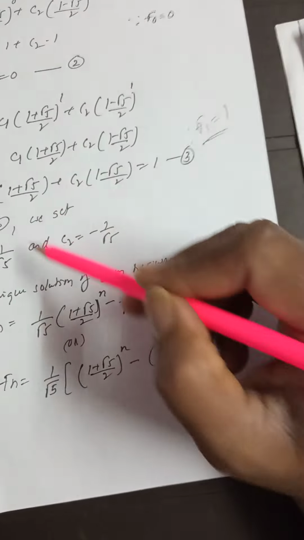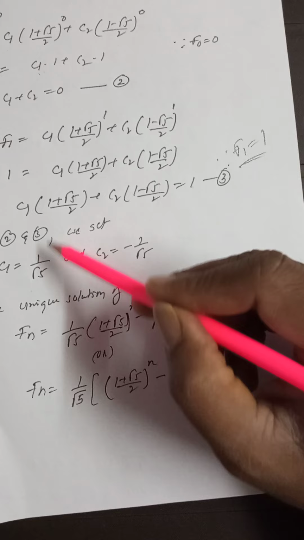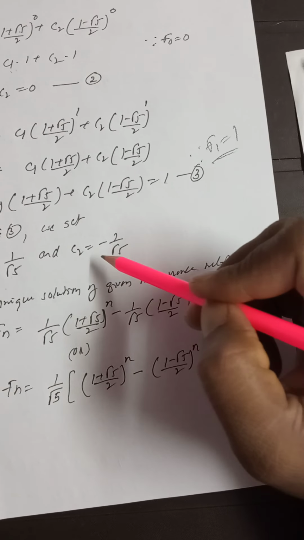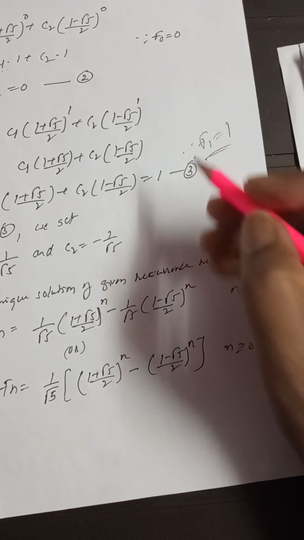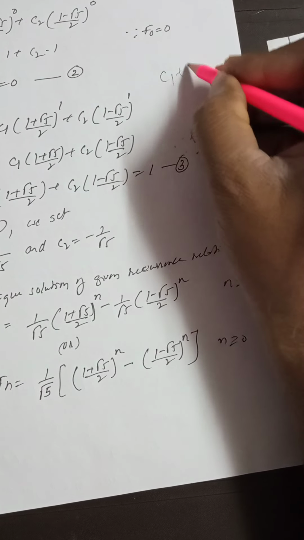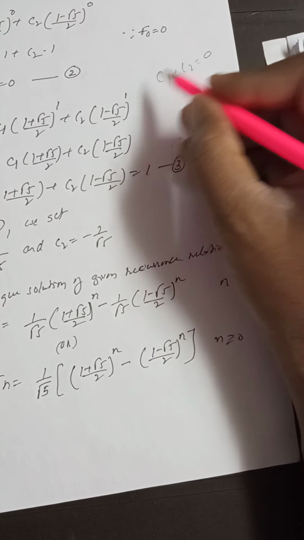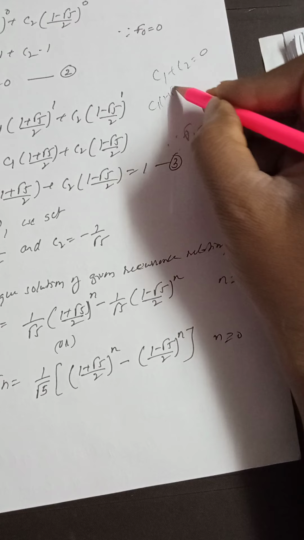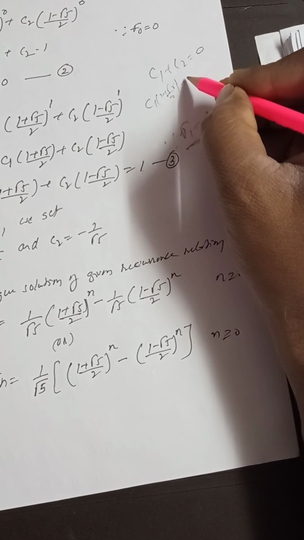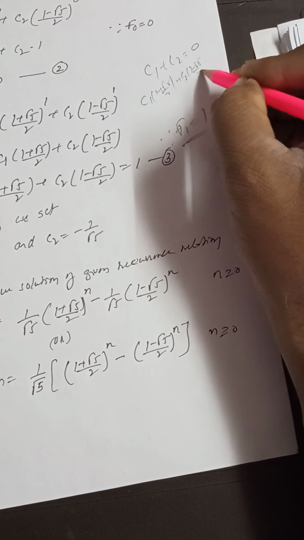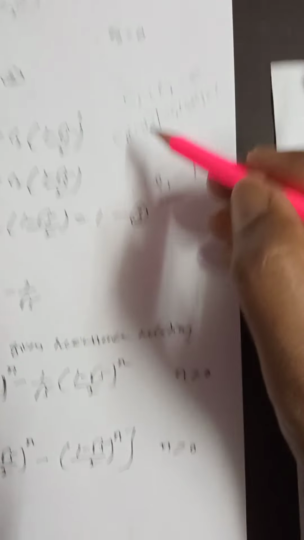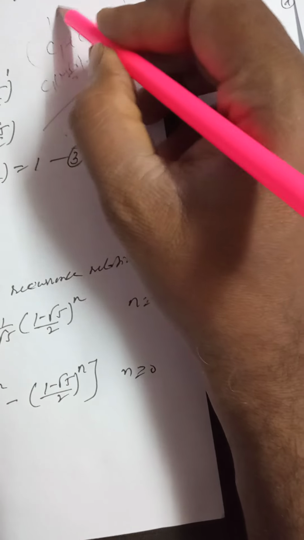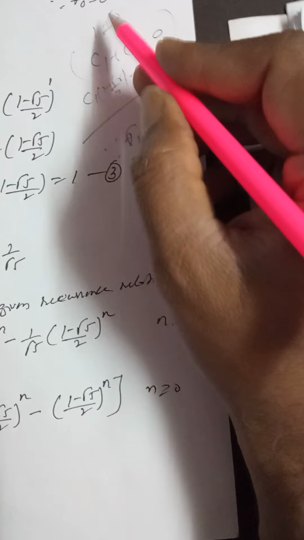Now solve these two equations. You will get c1 is equal to 1 by root 5 and c2 is equal to minus 1 by root 5. Now you can solve this one: c1 plus c2 is equal to 0, whereas c1 into 1 plus root 5 by 2 plus c2 into 1 minus root 5 by 2 is equal to 1. This entire thing is multiplied by 1 plus root 5 by 2.